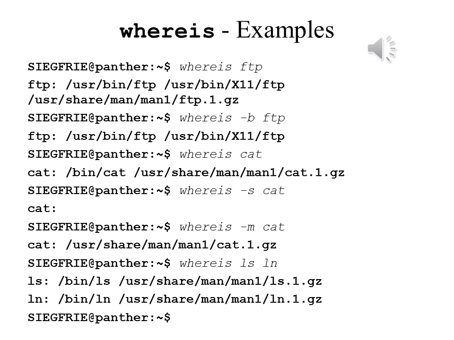Whereis -s cat types nothing, because on the system I don't have the source code listed. Whereis -m will give me the location of its manual page. I can do this for both ls and ln, and in both cases I'll get the listing of the executable and manual pages.